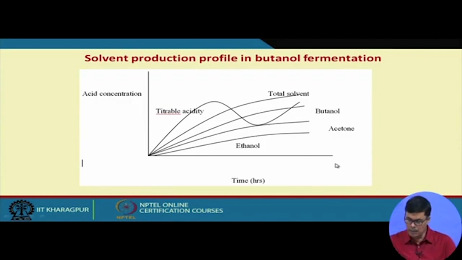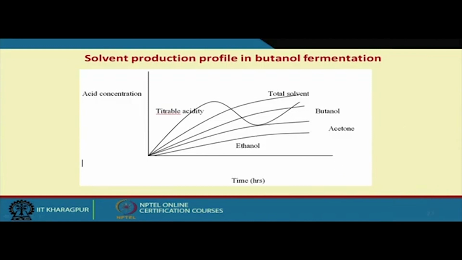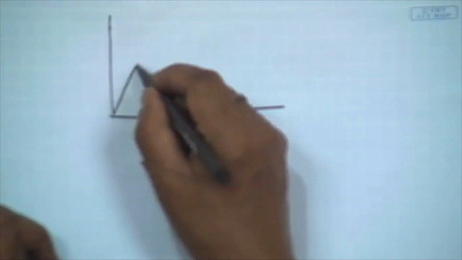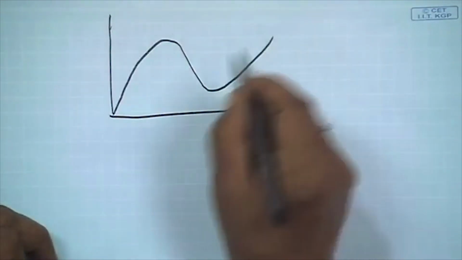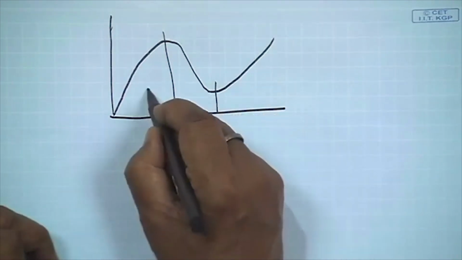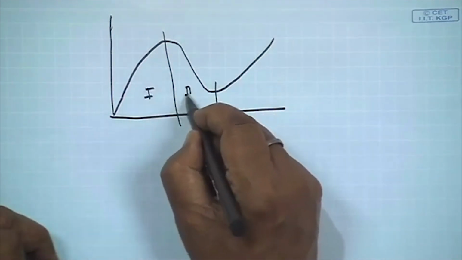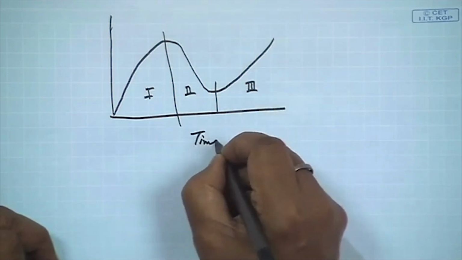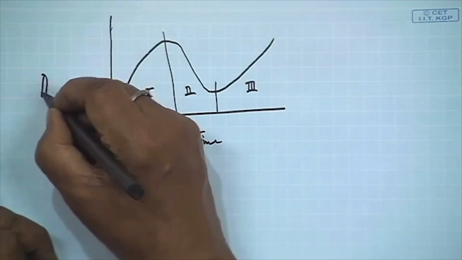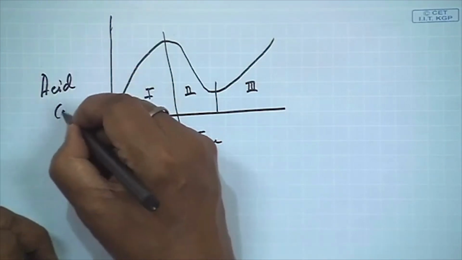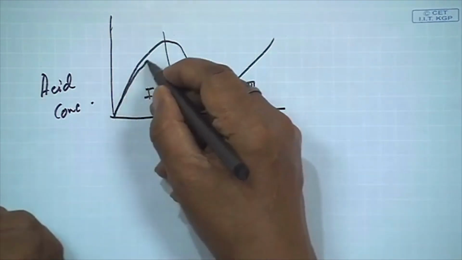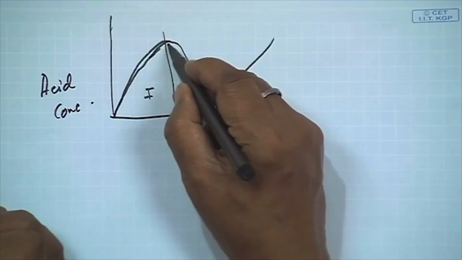Now, here we have something very interesting. As I told you, this acetone butanol fermentation takes place in 3 different phases. We consider this phase 1, this phase 2, and this phase 3. This axis is time, and this is the acid concentration. So here the acid formation increases and then it decreases.